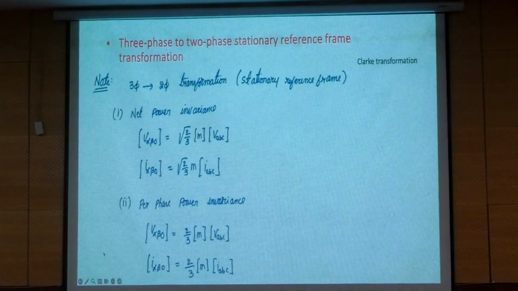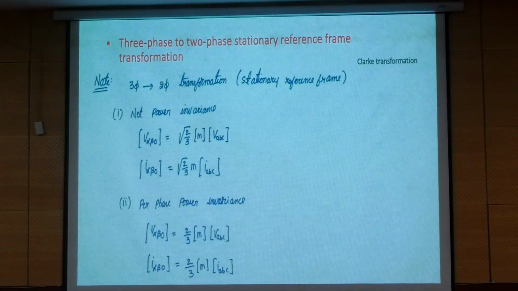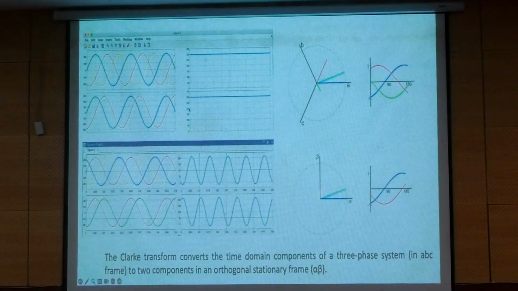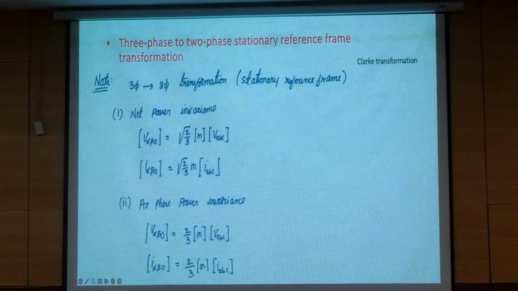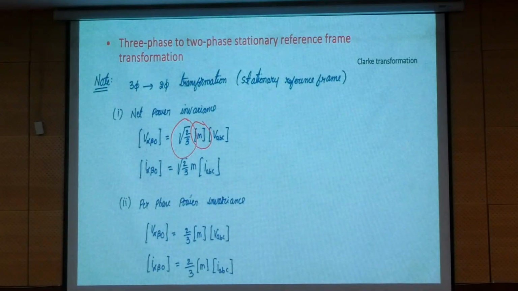So this is a very important slide for the net power invariant condition and power invariant condition. You need to multiply the transformation matrix with square root of 2 by 3, right?